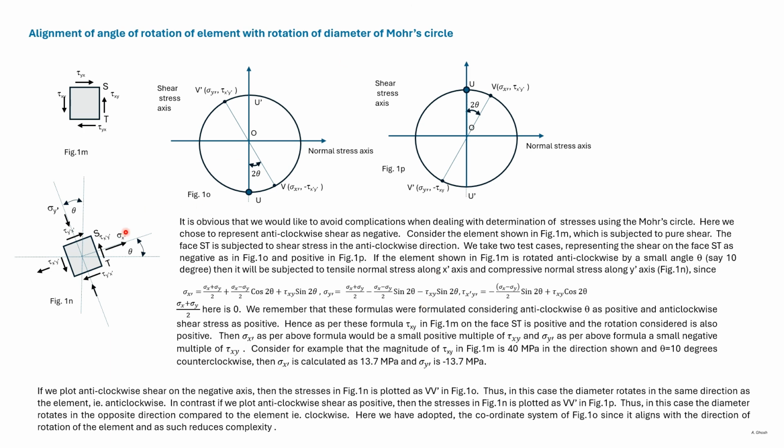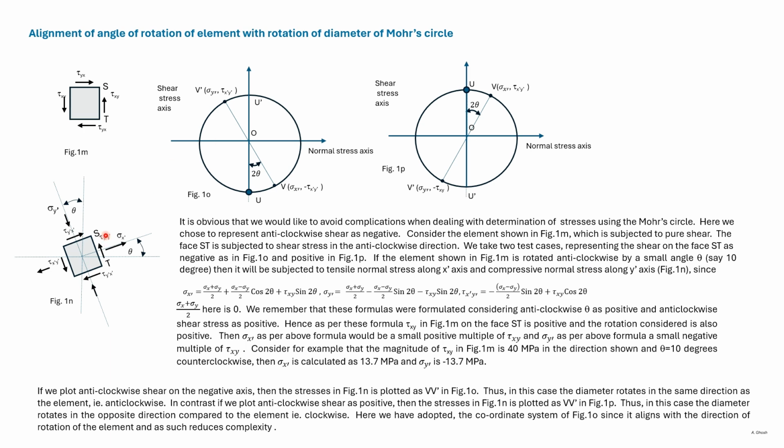So here sigma x dash has been shown positive and sigma y dash has been shown negative. From this equation, we can see that tau x dash y dash will be a larger fraction of tau xy, since cos 2 theta will be a larger value.